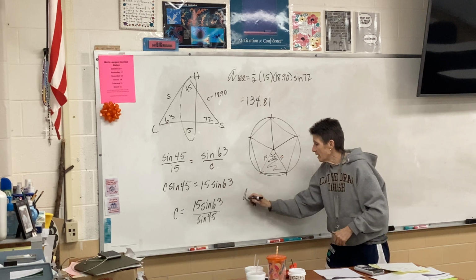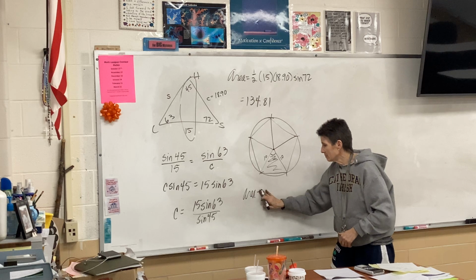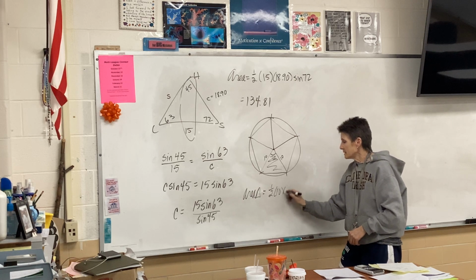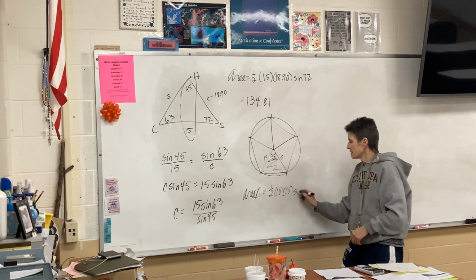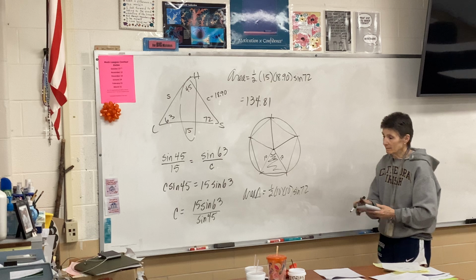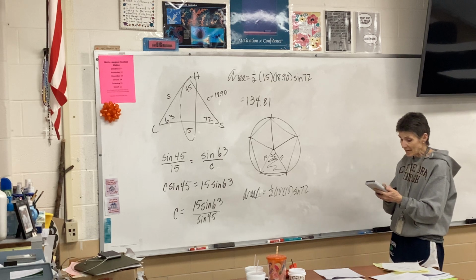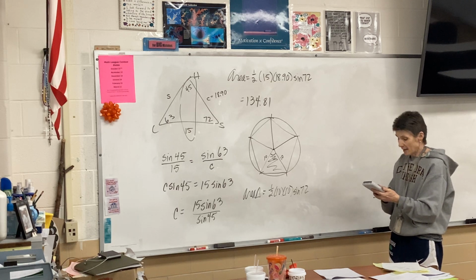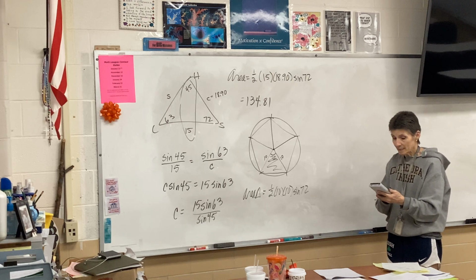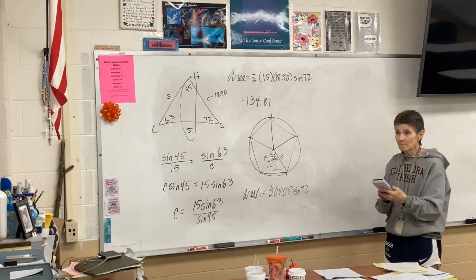So the area of the triangle is 1/2, 10, 10, sine 72. I can type that in. That is not the answer, though. The answer will be 8 times that.